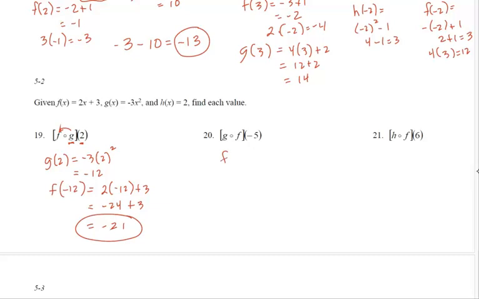On number 20, we're going to do f of negative 5. So input negative 5, negative 10 plus 3 is negative 7. Now, negative 7 is going into the g function as an input.